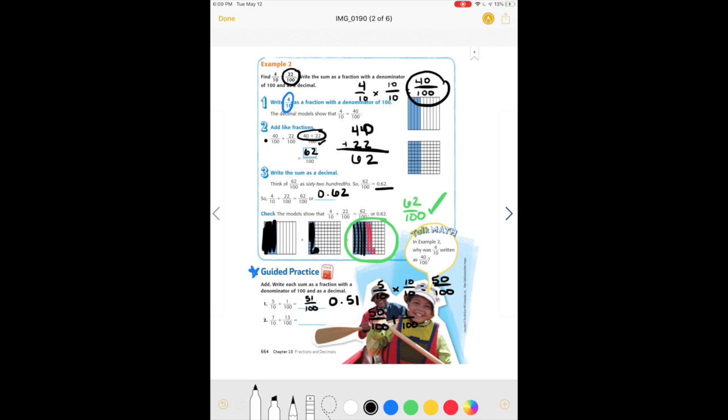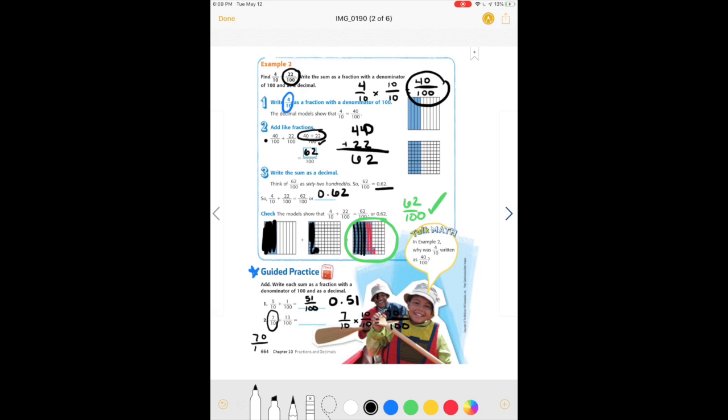Let's try number 2. Let me erase this over here so we have some more room to work. 7 tenths plus 13 hundredths. Well, we need to get this to have a denominator of 100. So we need to multiply the top and bottom by 10. 7 times 10 is 70. 10 times 10 equals 100.